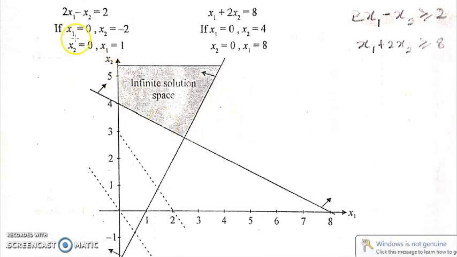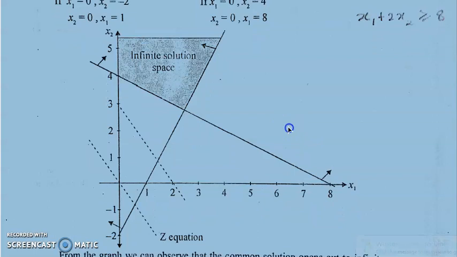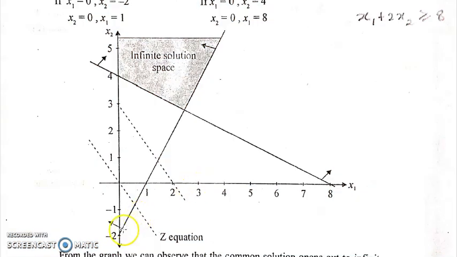So see here, x1 = 0, x2 minus 2. Here this is the x2 minus 2. Then x2 = 0, x1 is 1. x1 is 1 here. So you just draw the line like this, then extend it.